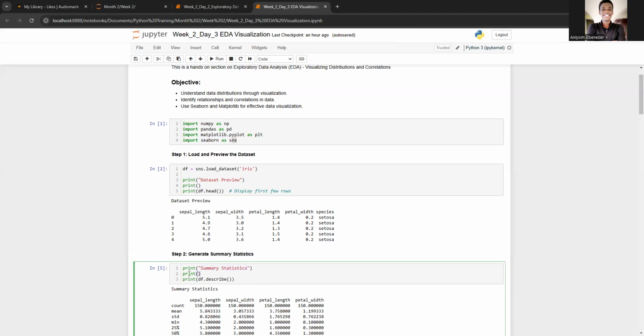So that's just a title. Then print df.describe. So df.describe is that particular code that gives us the statistical summary. Remember when we were dealing with pandas, it told us that whenever we have df, it represents a data frame.